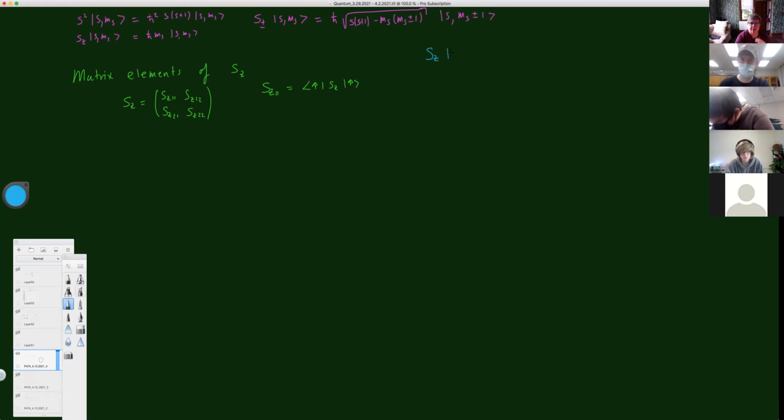So remember the up ket, spin up ket, looks like this, the little s equal 1/2 and MS equal 1/2. So what is that? What happens, SZ acting on that, what do I get?